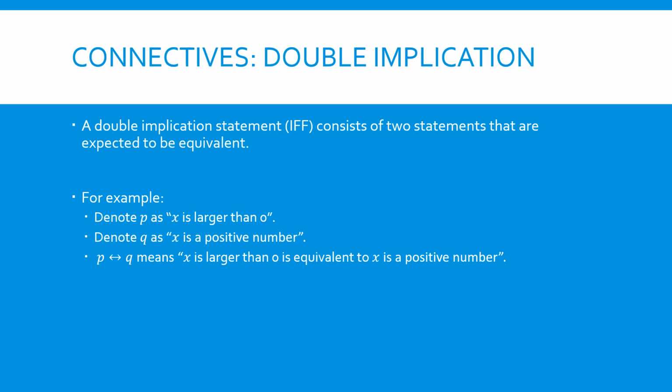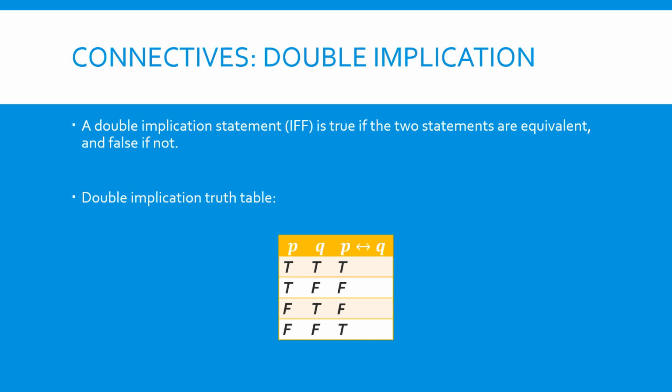The corresponding double implication, P if and only if Q, states that "x is larger than 0" is equivalent to "x is a positive number." A double implication statement is true when its two elementary statements have the same truth value, and false otherwise. Here we have the truth table for the double implication connective.